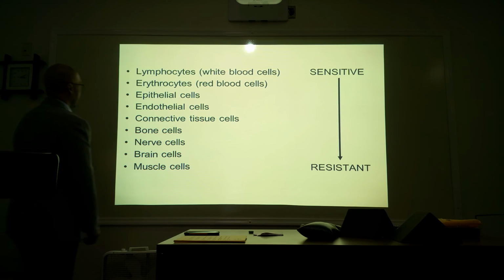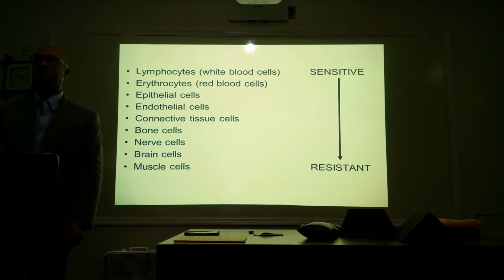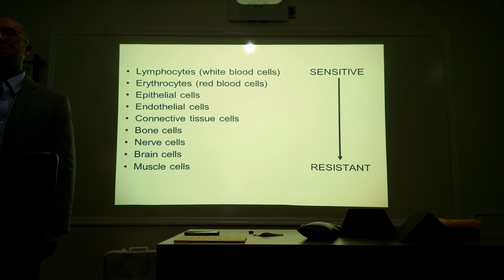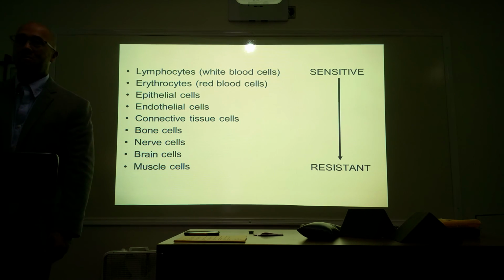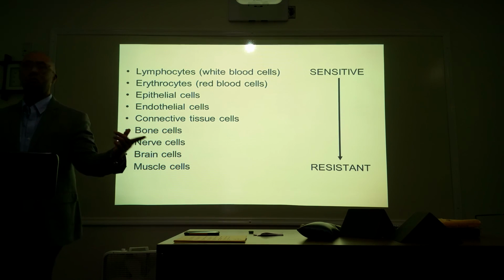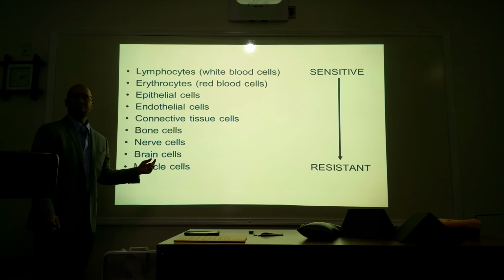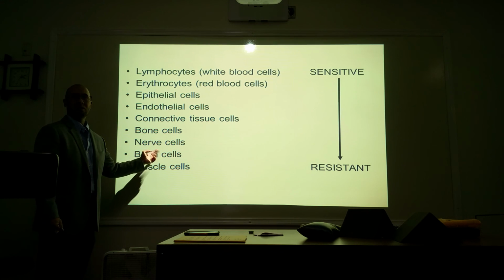Okay? So basically, like with your nerve cells and your muscle cells, once those cells die, they don't replicate. Most of the time. But especially here with your brain cells, that's why it makes such a big issue with marijuana. Yeah, it's very relaxing, but you're also killing your nerve cells.